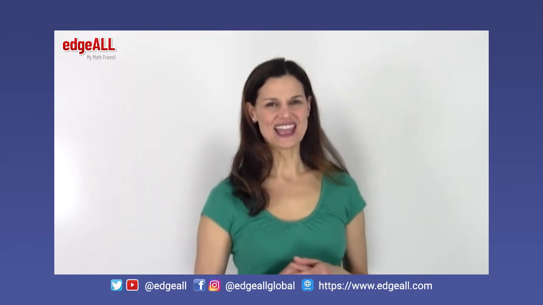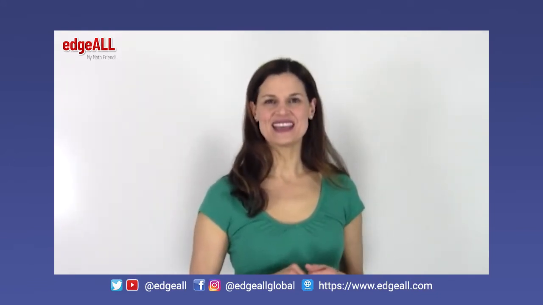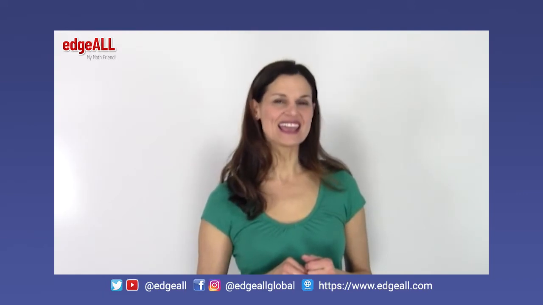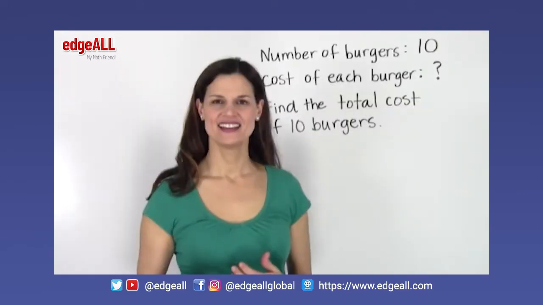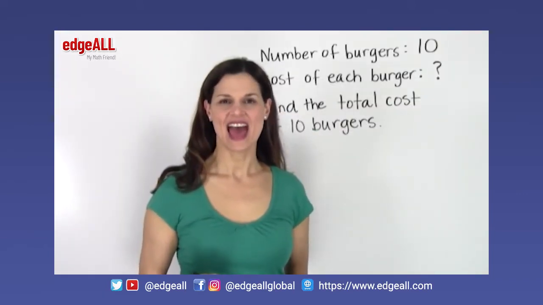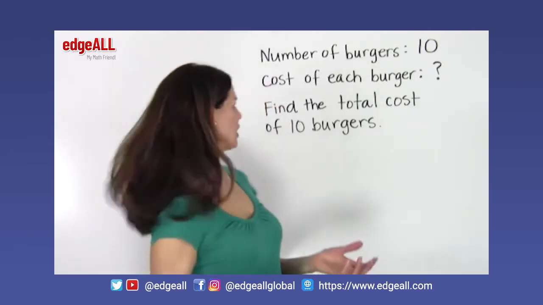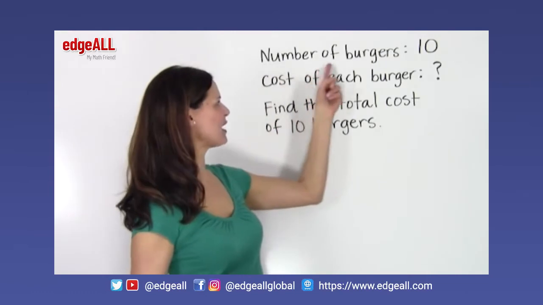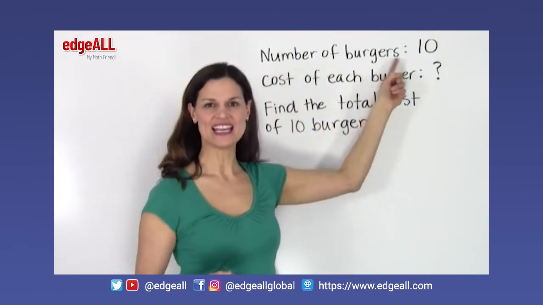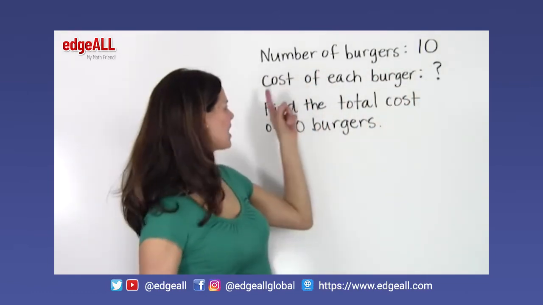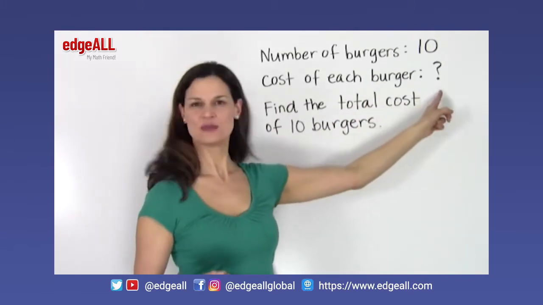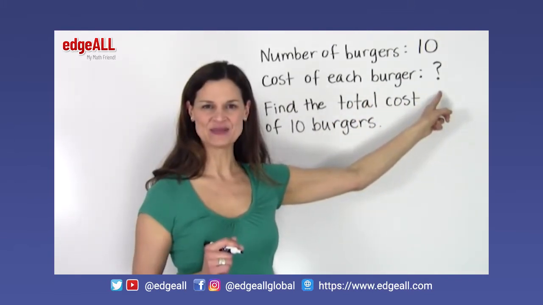Let's take a look at an example using a simple algebraic expression. Let's say that, for an example, you buy 10 burgers. So the number of burgers that you've bought is 10. Cost of each burger, at this point, unknown.